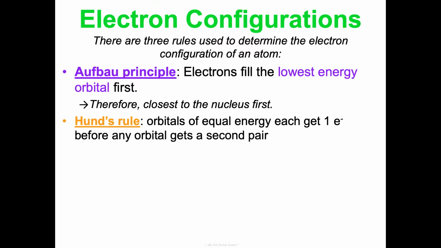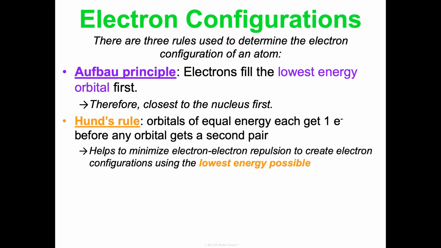The reason this happens is because it helps to minimize electron-electron repulsion. Remember, the electromagnetic force is attractive between opposite charges, like the positive nucleus and the negative electron cloud, but it is repulsive between like charges, like the 2 negative electrons. So this helps to minimize that because we want to have the lowest energy possible.